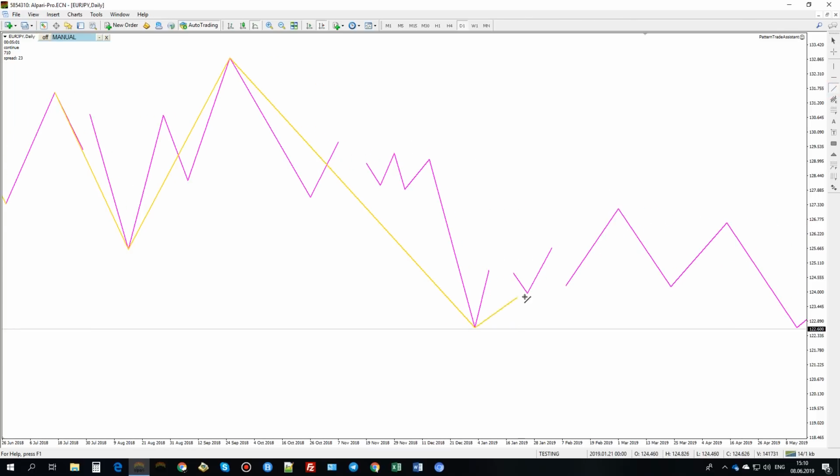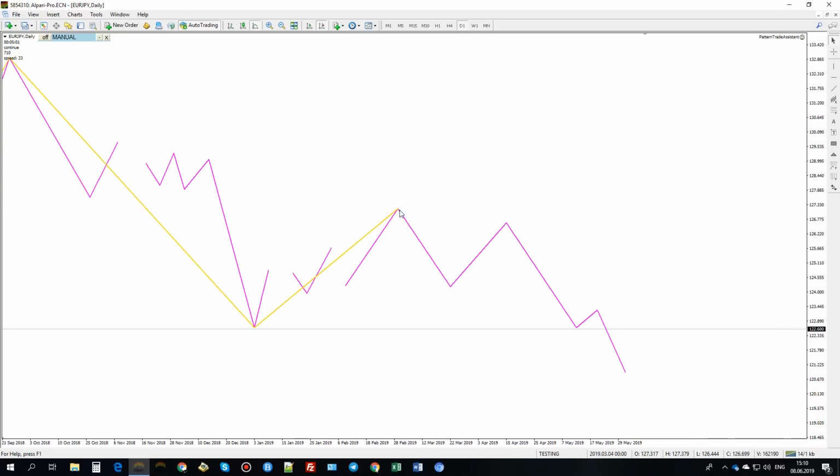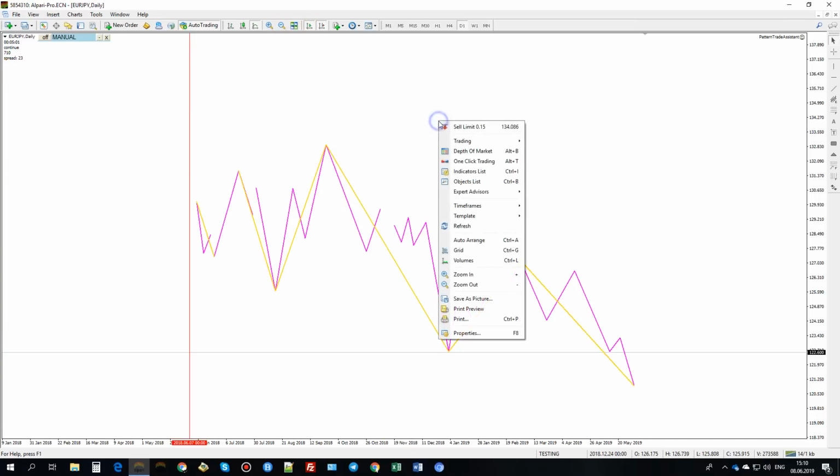We have a low, we have a higher low, and all the way to the upside, because we never had a lower low. We only had higher lows. And here's the zigzag that goes 1, 2, 3, 4, 5 legs to the downside. That's it.